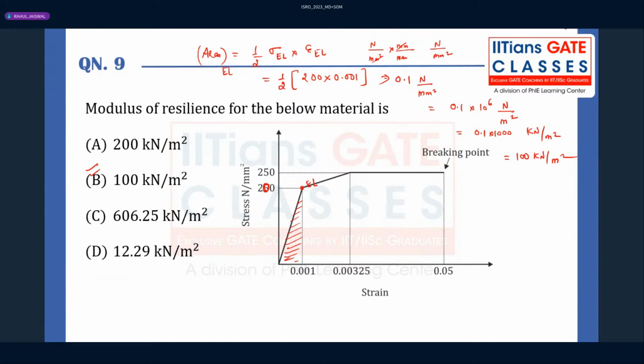If in the same question they would have asked modulus of toughness, then calculate the area under the stress strain diagram up to point F, the breaking point. Please make a note of it.